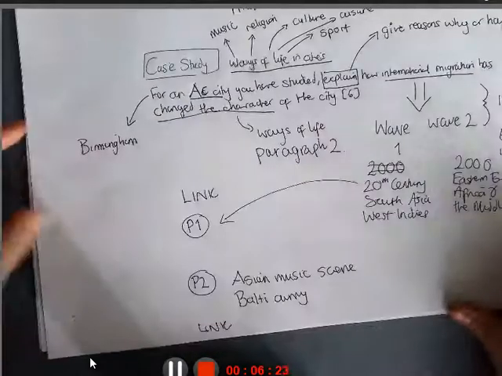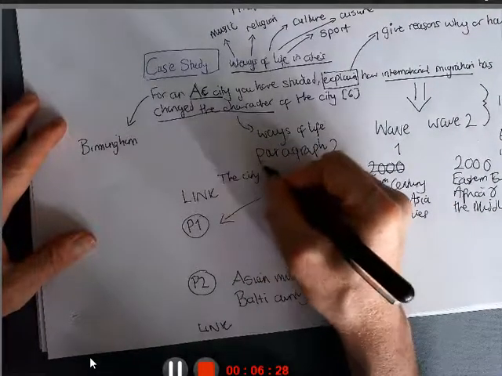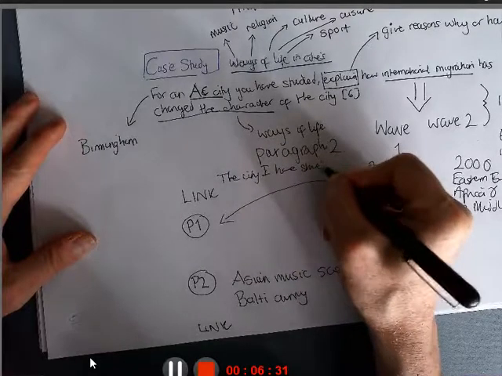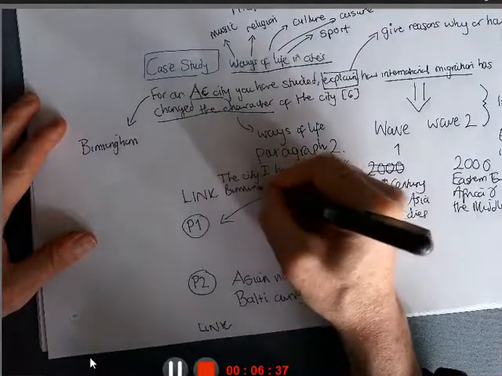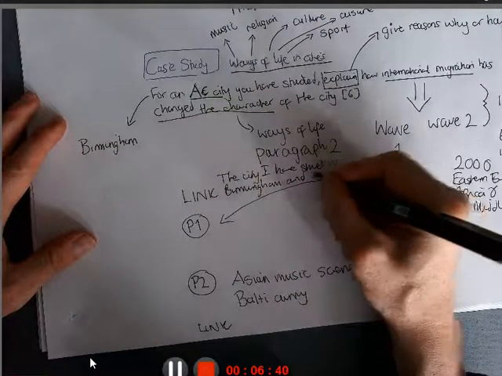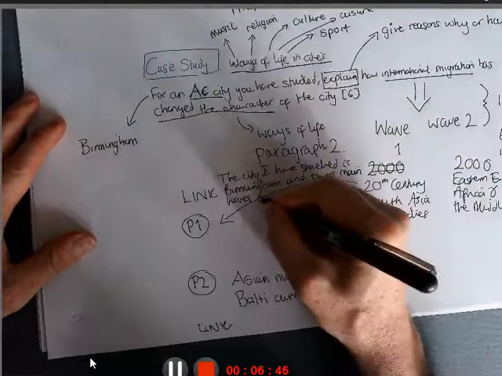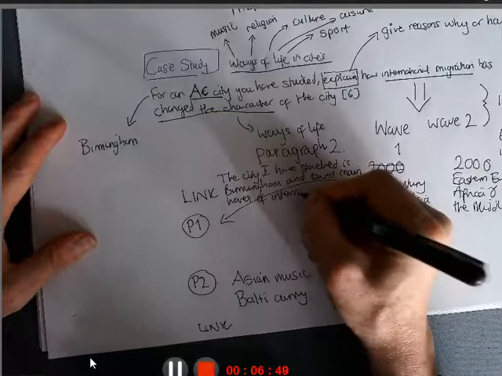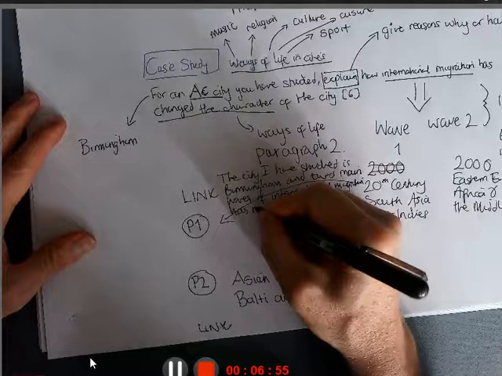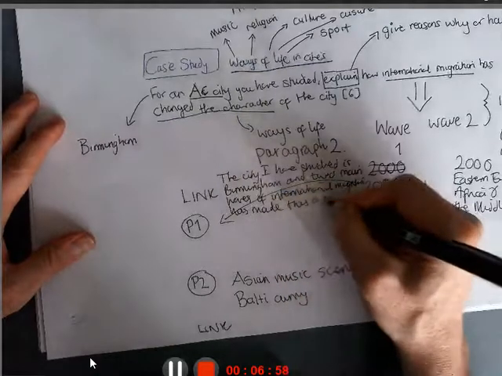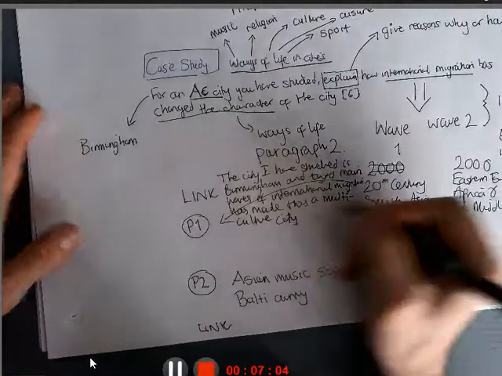If I was writing an example of a link for you, I may say the city I have studied is Birmingham, and 2 main waves of international migration has made this a multicultural city.